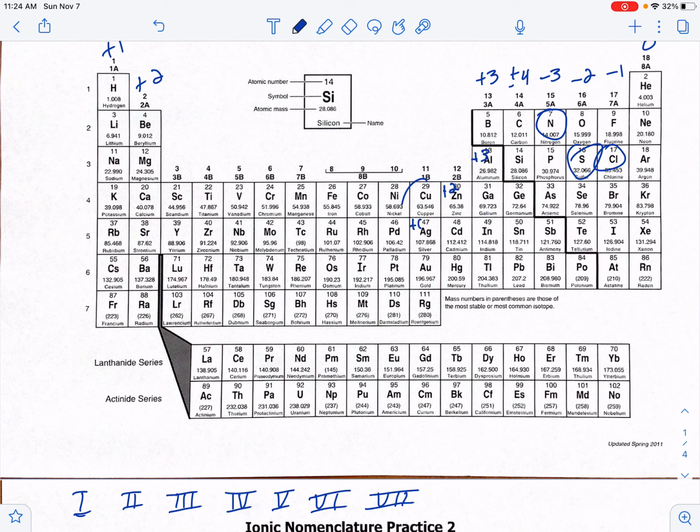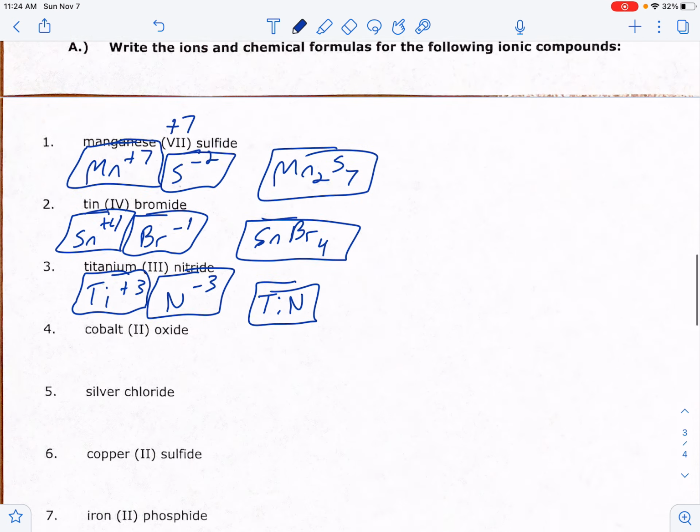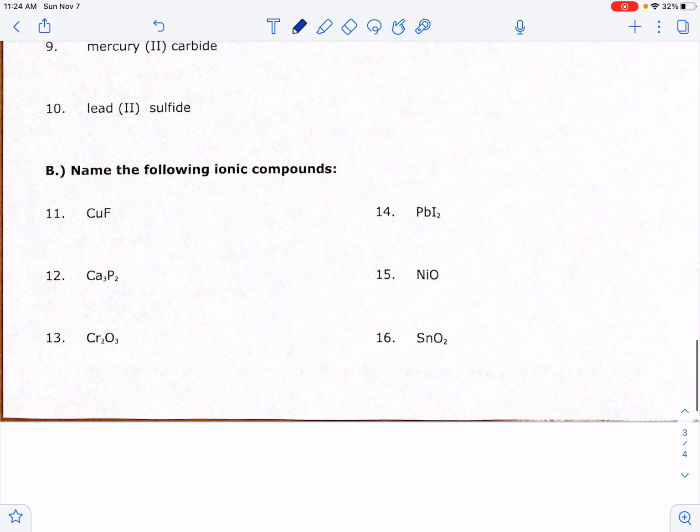So copper is right here, one of my transition metals, and F is right here, and that is a charge of -1. If fluorine has a charge of -1 and I only have 1 copper to balance it out, that means it's going to have a charge of +1 in order to be balanced. So my name would be copper(I) fluoride.